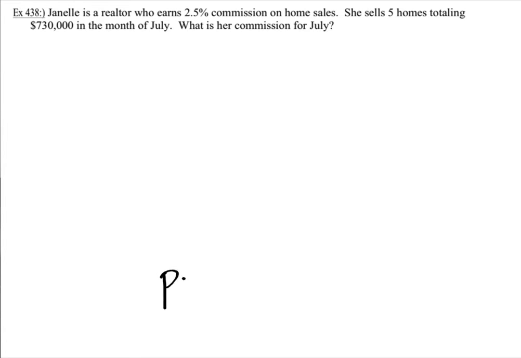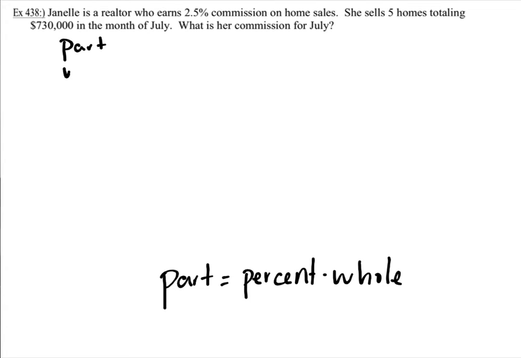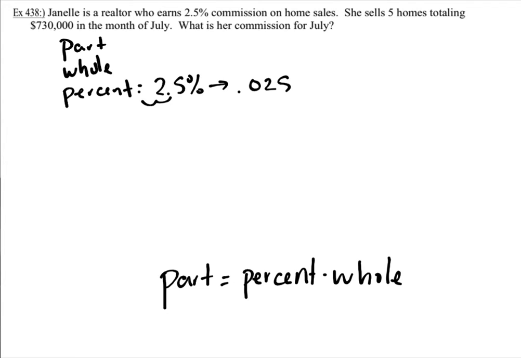Okay, remember that the part equals the percent times the whole. Janelle is a realtor who earns 2.5% commission on home sales. She sells 5 homes totaling $730,000 in the month of July. What is her commission for July? All right, so we've got 3 things here. We need to figure out part, whole, and percent. Well, the percent is 2.5%, which we of course need to change to 0.025, moving the decimal twice.